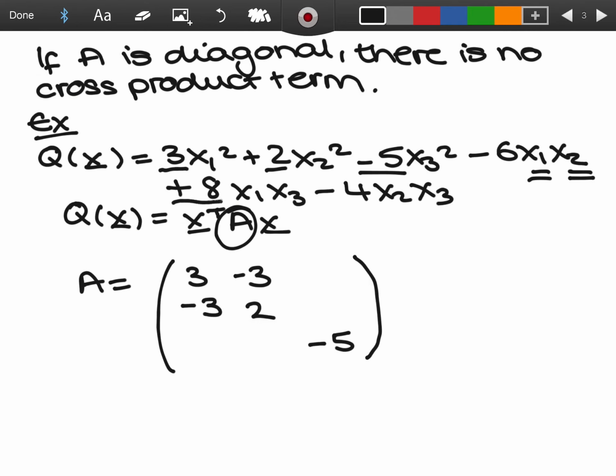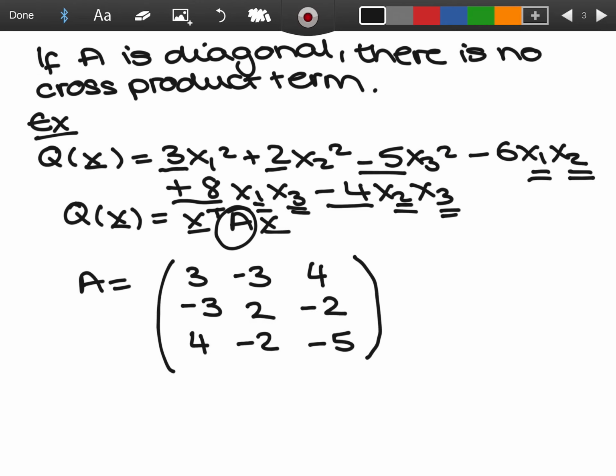I've got a positive 8 here. Split that in half, I'm going to get 2 lots of 4. So I want a 4 in the 1,3 entry and a 4 in the 3,1 entry. That's going to give me a 4 here and a 4 here. And finally, I've got a negative 4. Split in half will give me 2 negative 2's. And I'm going to have a negative 2 in the 2,3 entry and a negative 2 in the 3,2 entry.